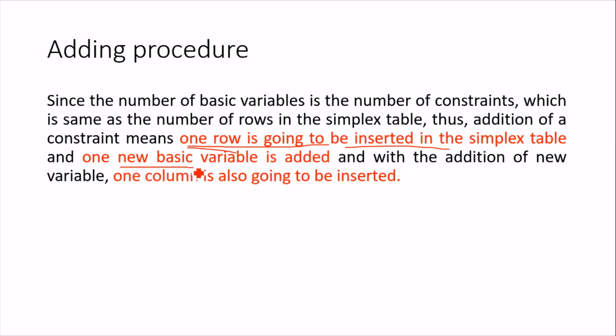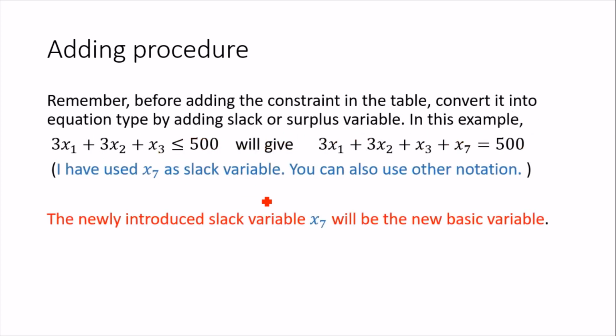With the introduction of a row, we will write a new basic variable in front of it. So a new basic variable is also going to be added, and since a new variable is introduced, its new column is also going to be inserted. Let's understand all these things with an example.